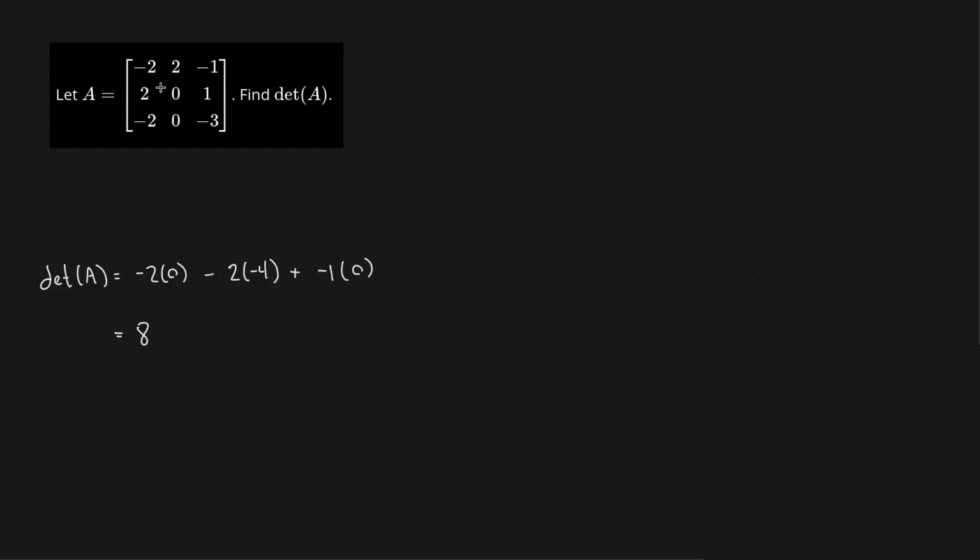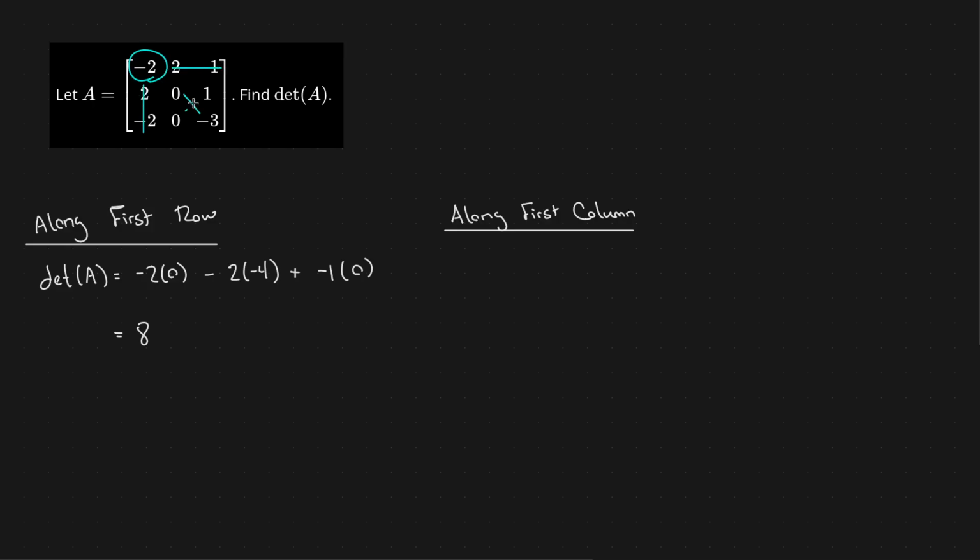Let's see what happens if instead I try expanding along the first column. So this was along the first row. Now let's see what happens if I go along the first column. So I start off the same. Negative 2 times 0 minus 0.